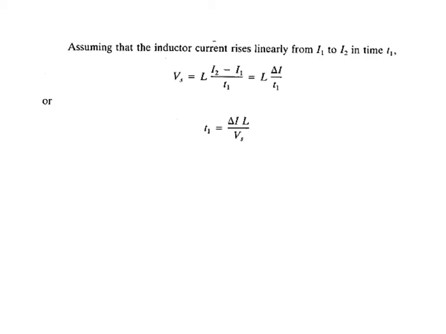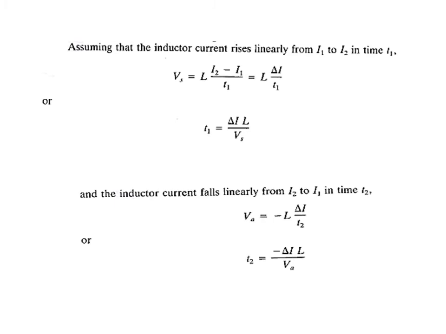Assuming that inductor current rises linearly from current I1 to I2 in time interval T1, the input voltage Vs is given as Vs = L (I2 - I1)/T1 = L ΔI/T1, and from this equation we can find the value of T1, which is equal to ΔI L/Vs.